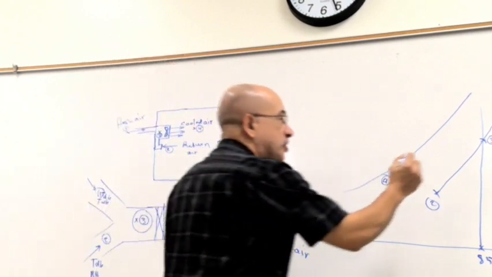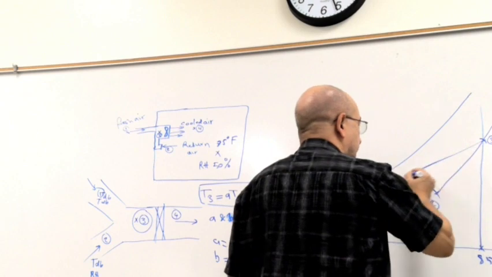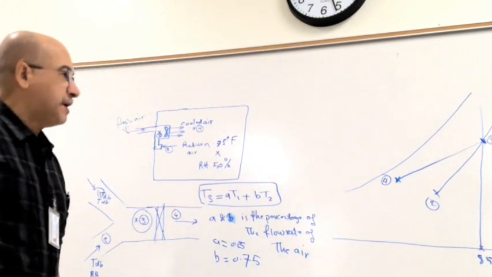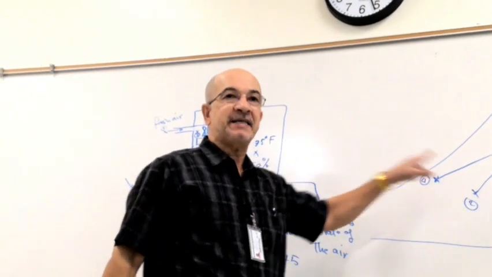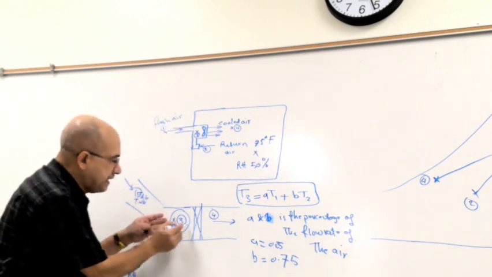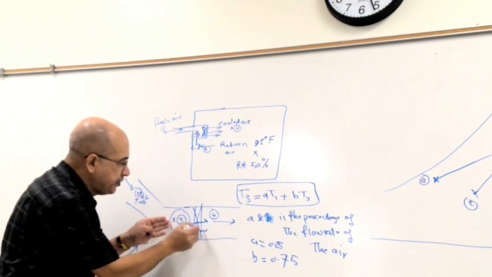Now we draw a line from point 3 to point 4. What does this new line represent? This new line represents the process of cooling the air when it passes through the cooling coil.